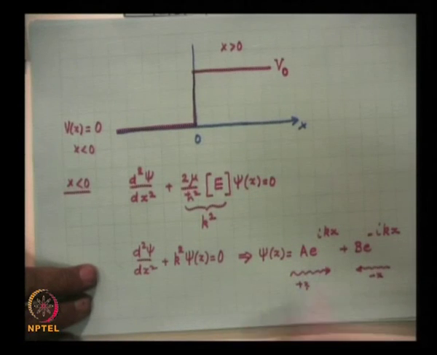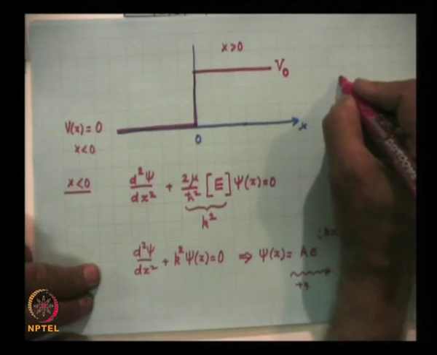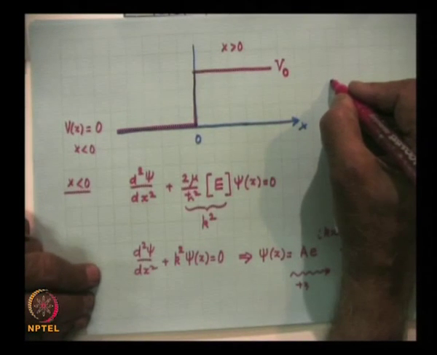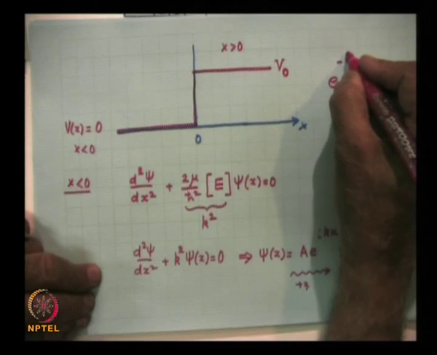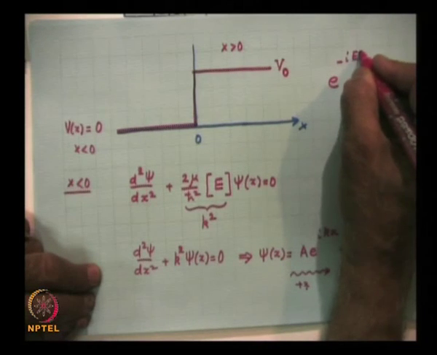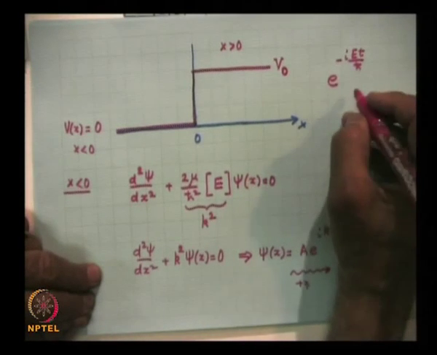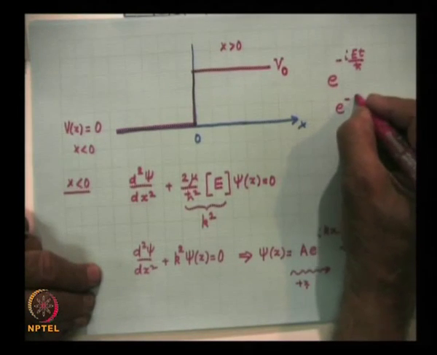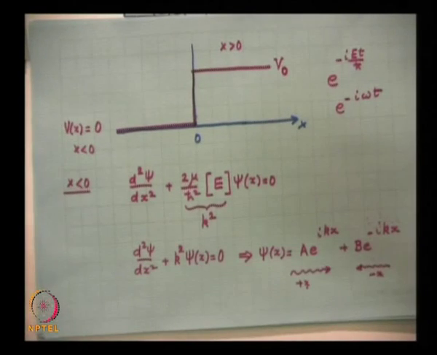The reason is, because in quantum mechanics, as you know, the time dependence we have taken to be equal to e to the power of minus i E t by h cross. So, if I replace E by h cross omega, the time dependence of the wave function is e to the power of minus i omega t.